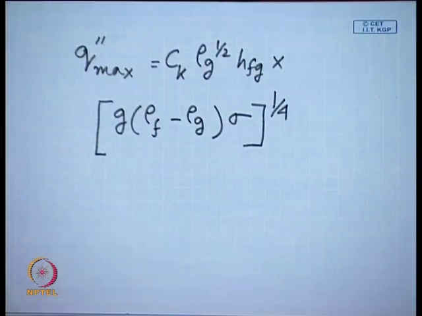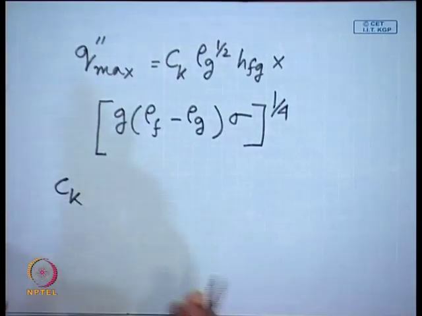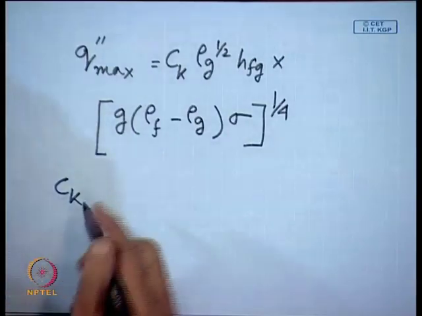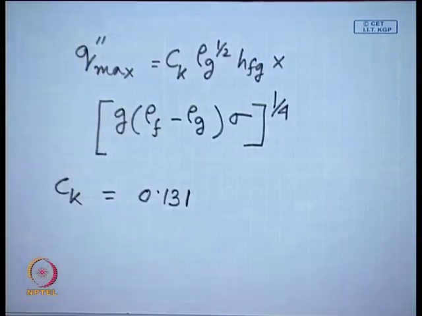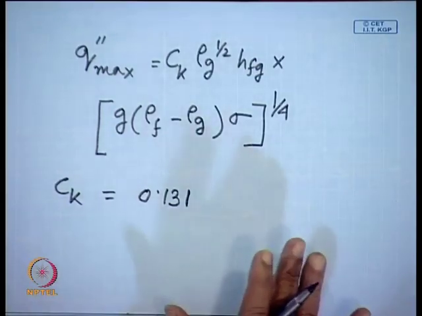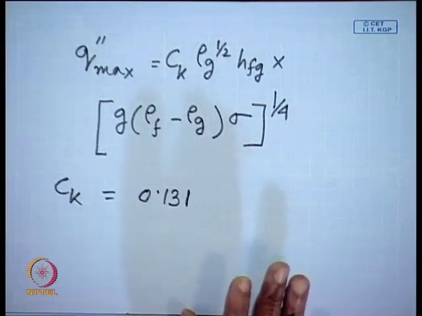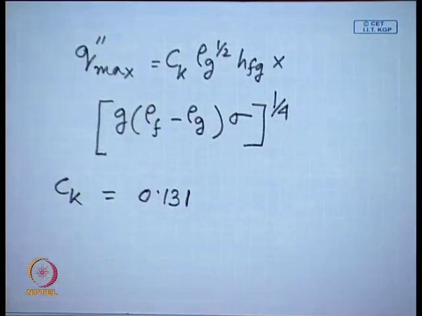So, this is the relationship which he has given, and C k, obviously this is an empirical constant. So, C k is 0.131, and this has not been obtained by any theory, this has been obtained by fitting the data. So, Kutateladze was the first person to establish some sort of a similarity, or to point out some sort of a similarity between the flooding phenomena and the phenomena of critical heat flux.